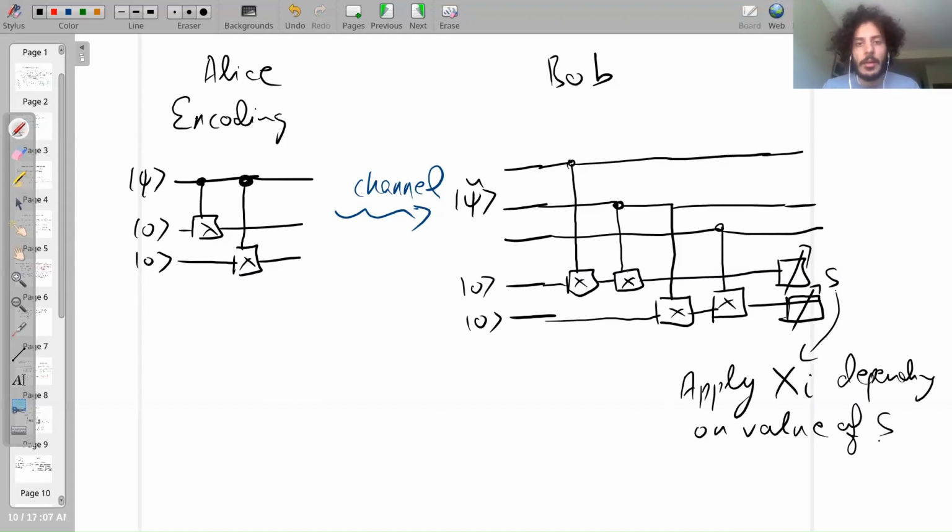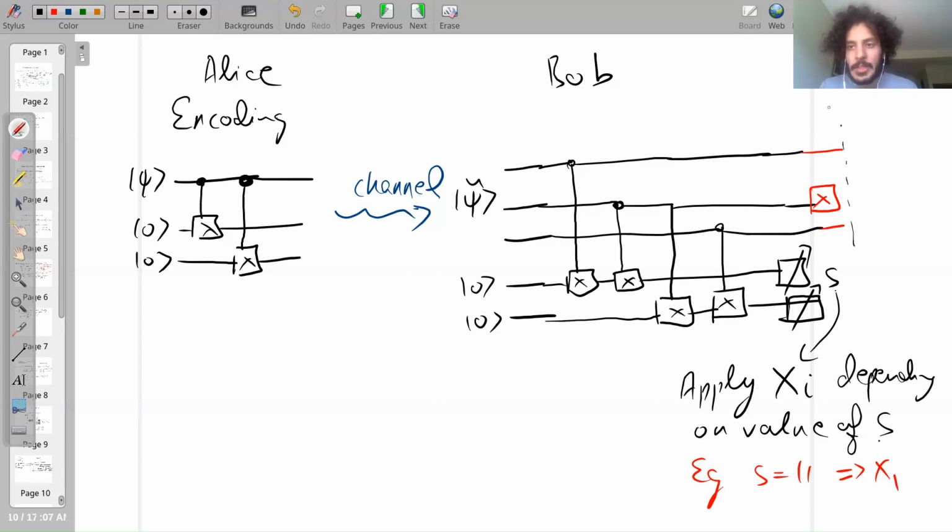And then, for example, I will draw it. For example, s equals 1, 1 implies that x1 is what is being applied. So there'll be an x over here, and then her decode circuit actually will be at this point.